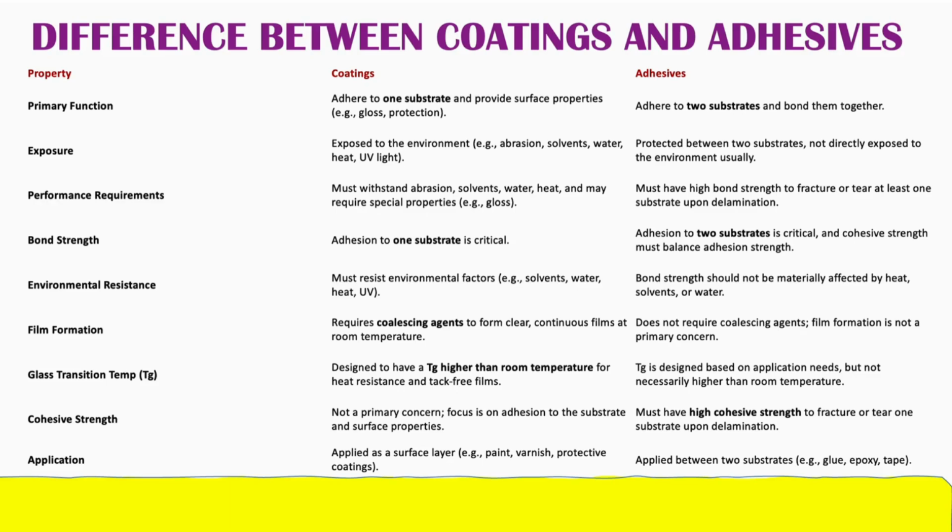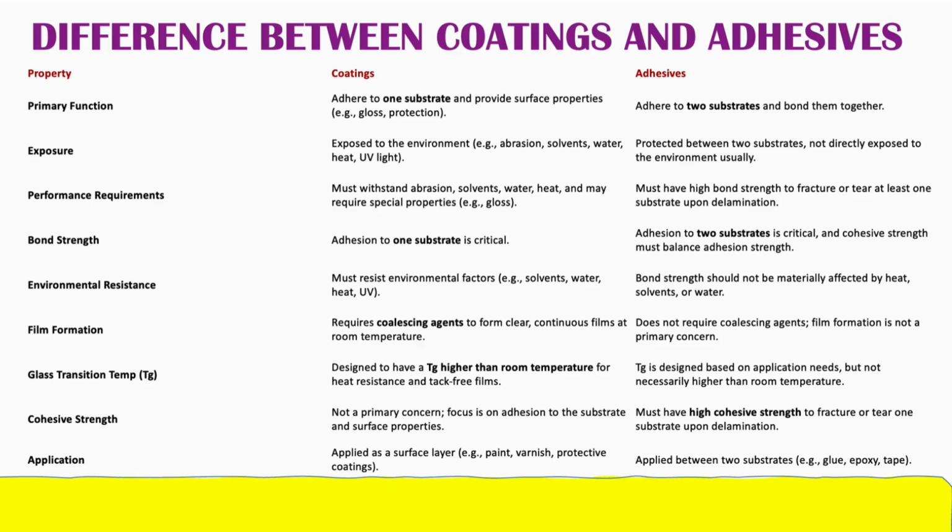Whereas an adhesive, oh my god, it is safe from all this hustle and bustle. An adhesive is protected by another substrate, because it is being sandwiched between the two substrates. So an adhesive is indirectly provided with a protection cage, which the coating is not.